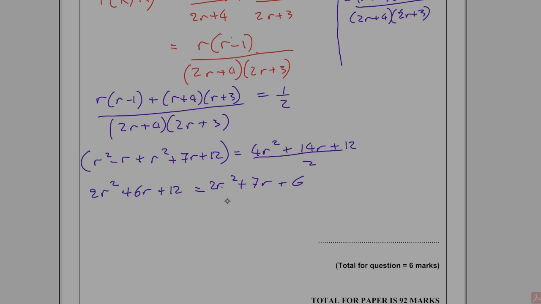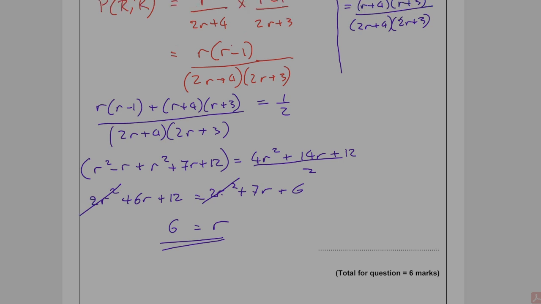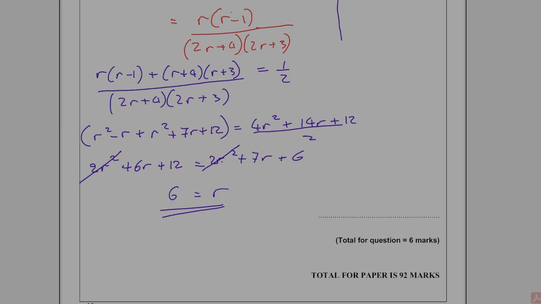And this simplifies really nicely, actually. So 2R squared, but 2R squared, they cancel. So what I would need to do is minus 6R from both sides and then add 6. So that would give me 6 is equal to R. So I make it 6 red markers.